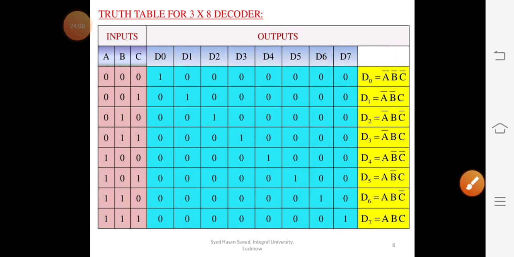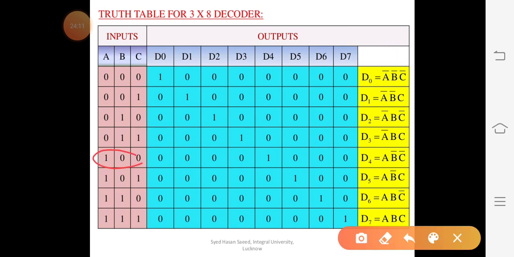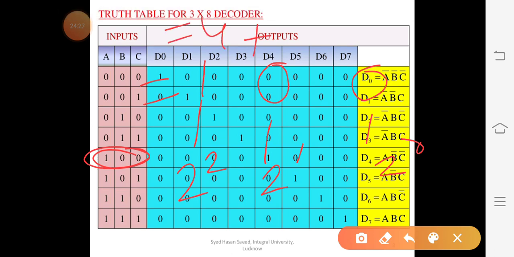For example, suppose I take 1 0 0. Calculate it with 2 to the power 0, 2 to the power 1, 2 to the power 2, and if you solve it, you will get what? 2 to the power 2 is 4, 4 into 1 is 4, plus 2 to the power 1, 2 into 0 is 0, 2 to the power 0, 1 into 0 is 0, so the answer is 4.